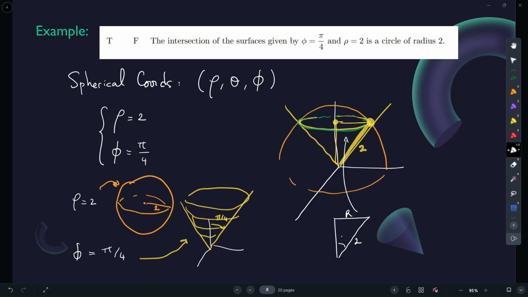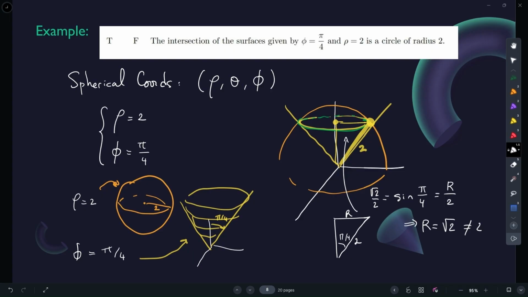This is 45 degrees, so pi divided by 4. So the sine of pi divided by 4 will be r divided by 2. The sine of pi over 4 is the square root of 2 divided by 2. And that tells me that the radius is the square root of 2, which is not 2.